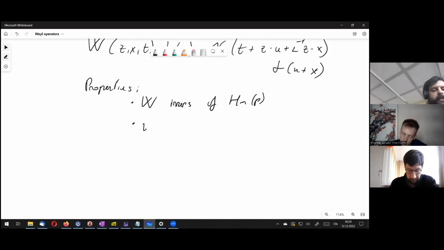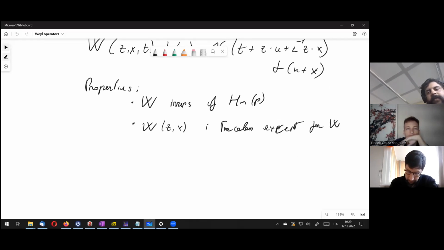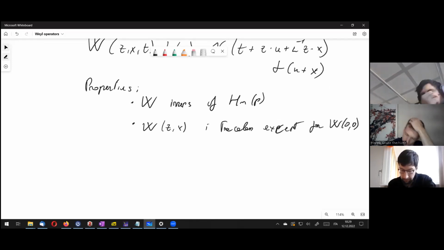Now we also have that W of z, x is traceless, except for W of 0, 0, so this is basically just the identity.